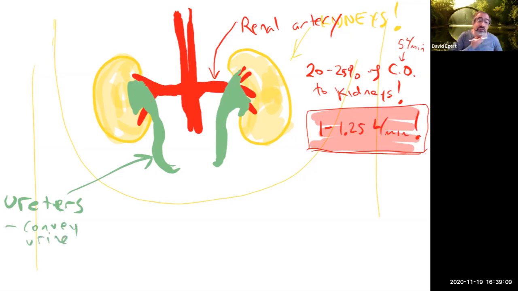So the ureters carry whatever the kidneys have to get rid of to do all their balancing act out of the kidneys.